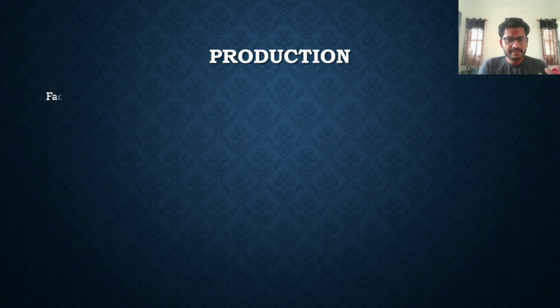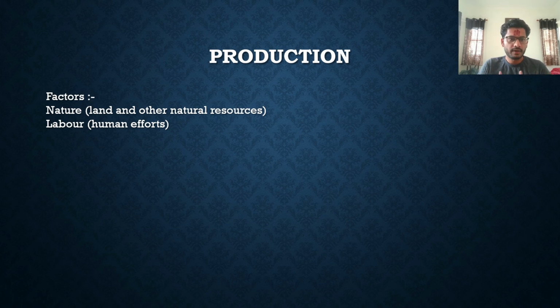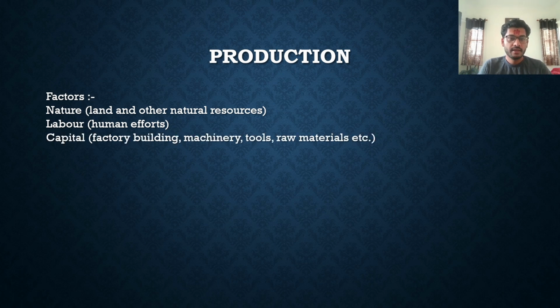Now let us understand about production factors. The factors include nature, because you need land and other natural resources; even electricity is a resource. Then you need labor, which is human force. Then you need capital, which might be a factory building, machinery, tools, raw material.